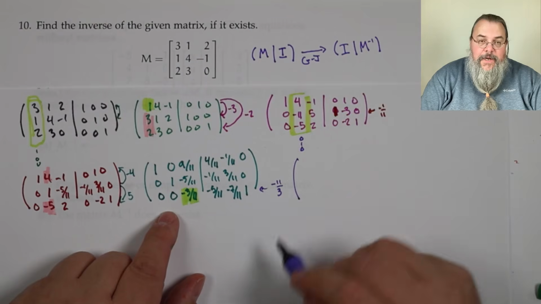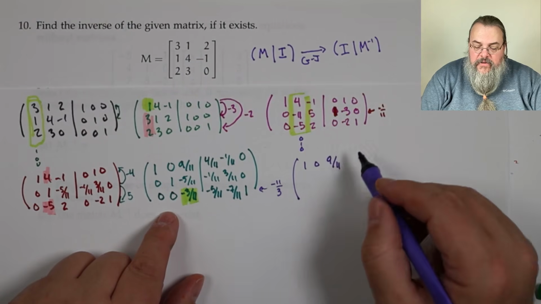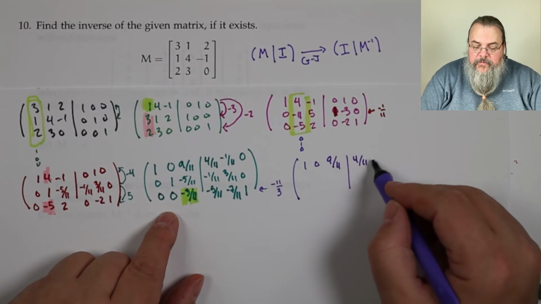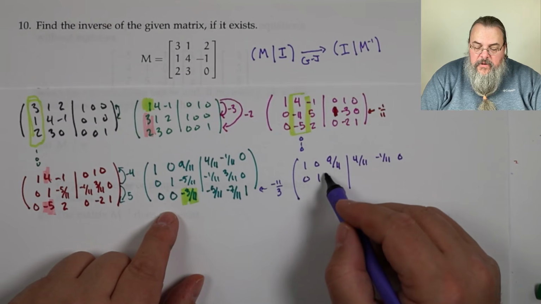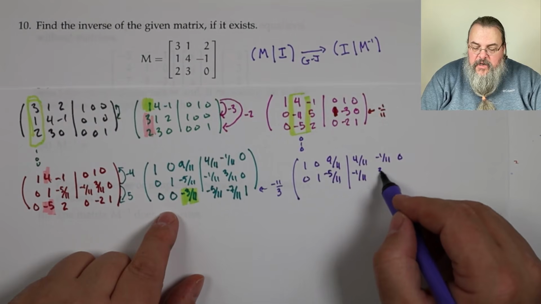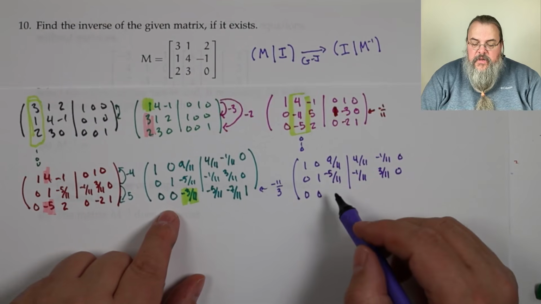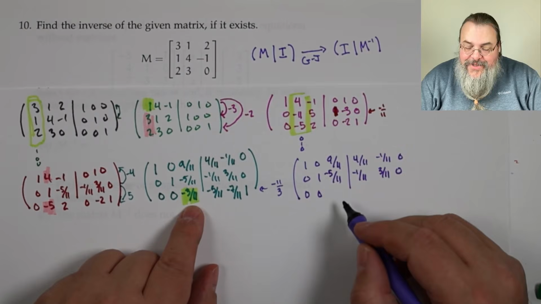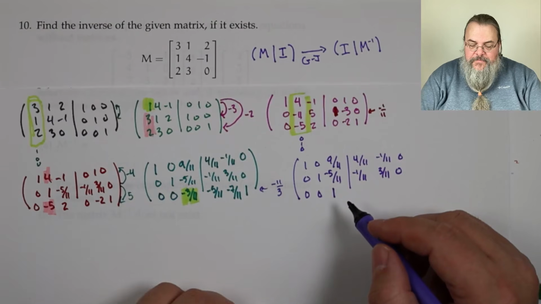So where are we at? Well, the first two stay as is. All right. And so copy down carefully and methodically. And 0, 0, minus 11/3 times minus 3/11 is 1, right? Multiplied by the reciprocal.